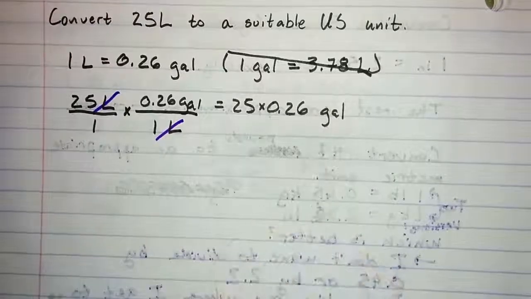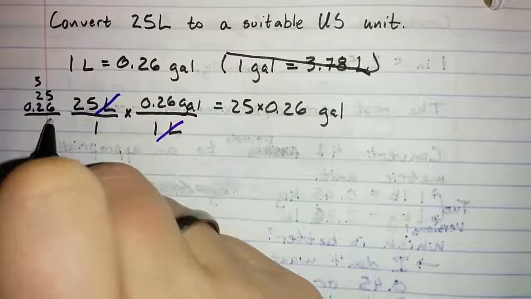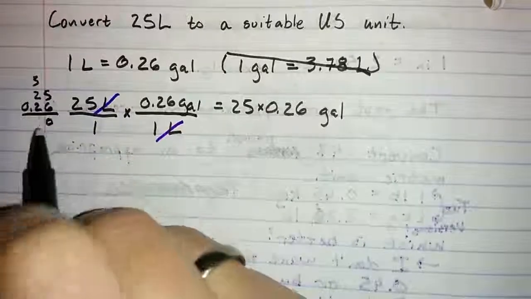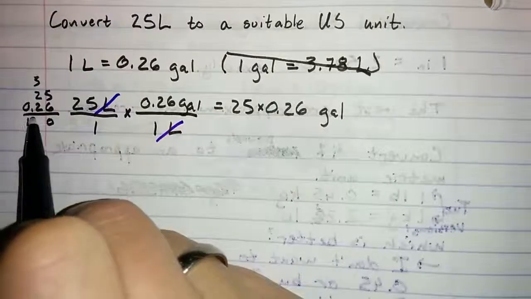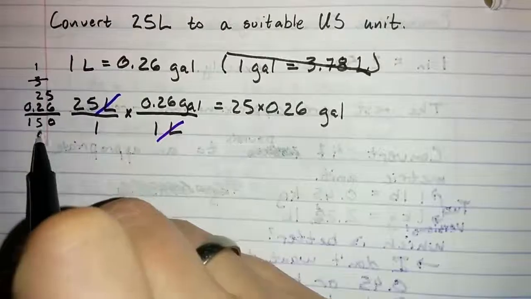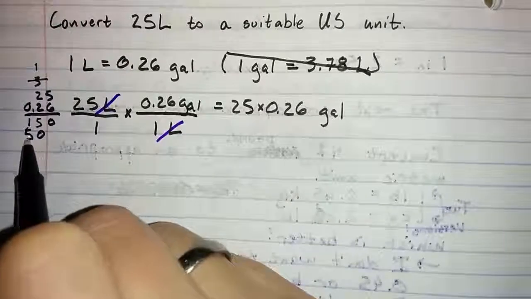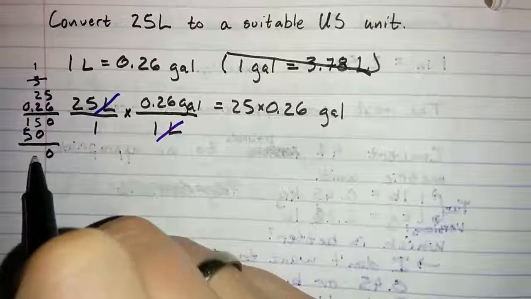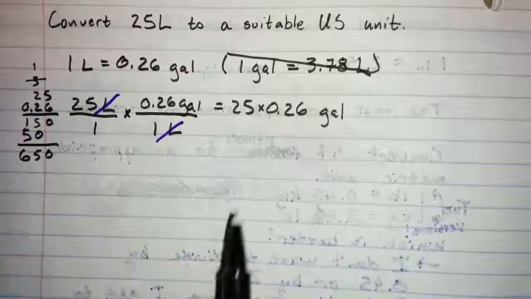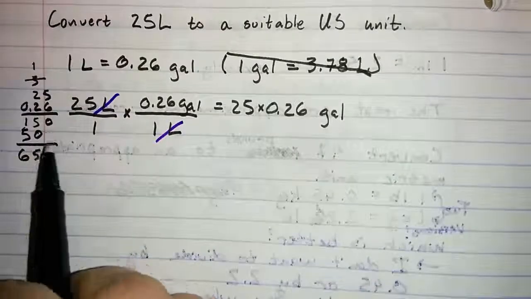So, doing this multiplication now, 6 times 5 is 30, 6 times 2 is 12, and 3 is 15. 2 times 5 is 10. 2 times 2 is 4, and 1 is 5. Adding up, I get 650.